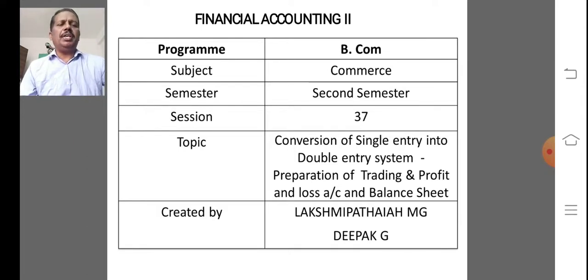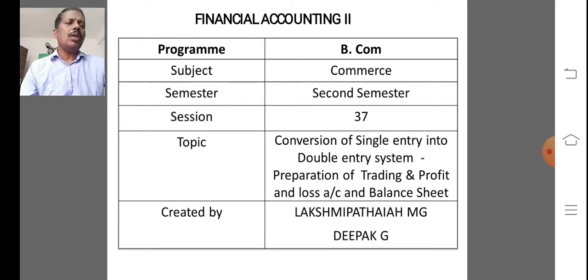In conversion, there are two steps involved to convert books of accounts from single entry system to double entry system. One is ascertaining the missing information.